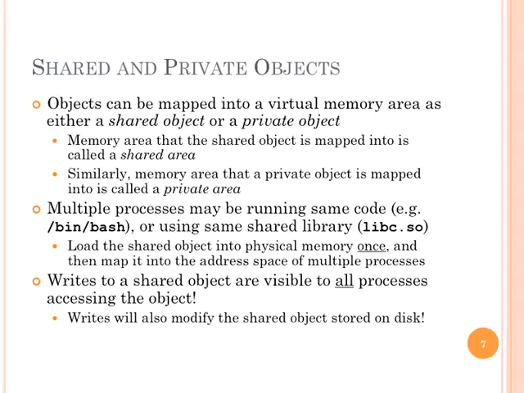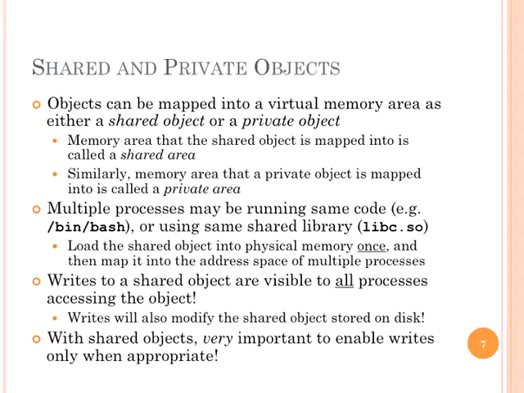And so the upshot is that the kernel needs to be very careful about how it manages permissions to these shared objects. So for example, you're loading libc, and generally it's not a good idea to have programs modifying code. So what I'm going to do is map this shared object into everybody's address spaces, but it's going to be read-only.